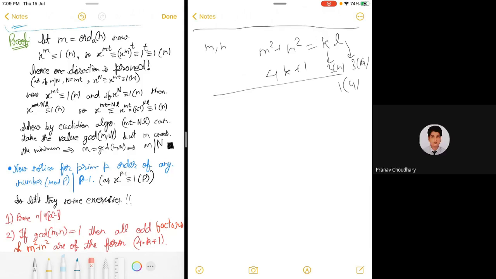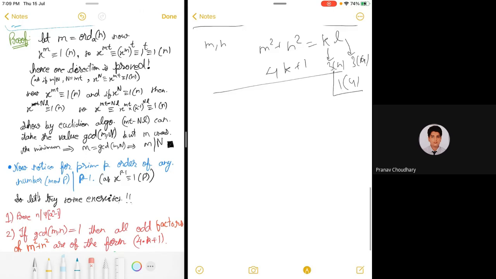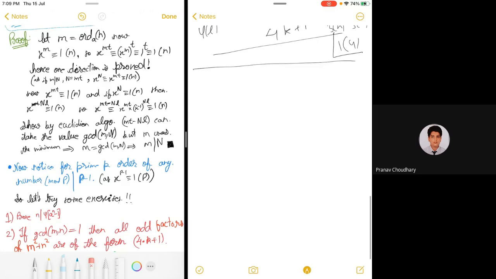Here, one thing that you can do is consider any factor k, suppose L, and then consider mod L. But that does not work, because for phi of L we do not know much about this. So the idea here is to consider any prime factor of m square plus n square which is odd, that is, any odd prime.